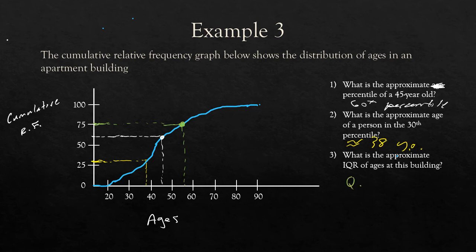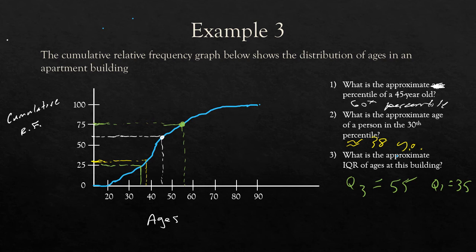So Q3 equals 55, and then Q1 is the 25th percentile, so exactly the same procedure. And it looks to be right about 35, so let's just call that 35. And a lot of people will say the IQR is 35 to 55. But the IQR is 20.